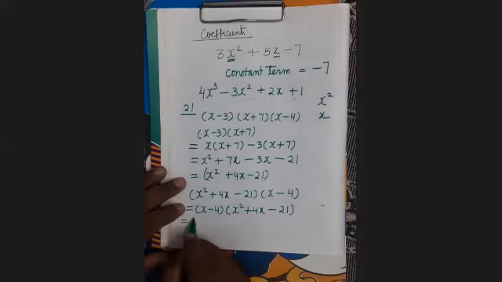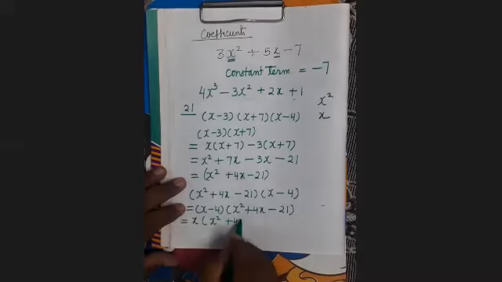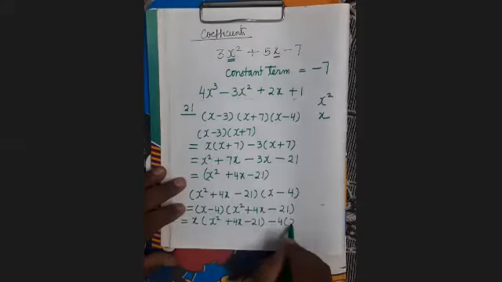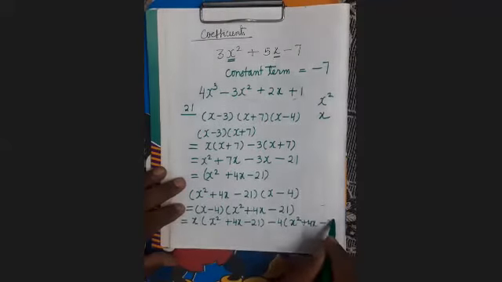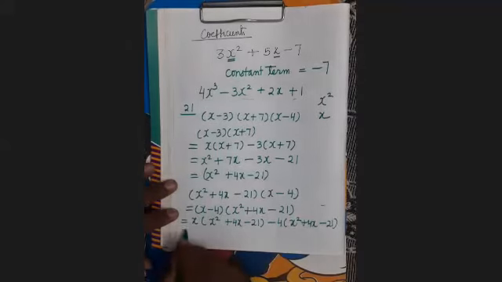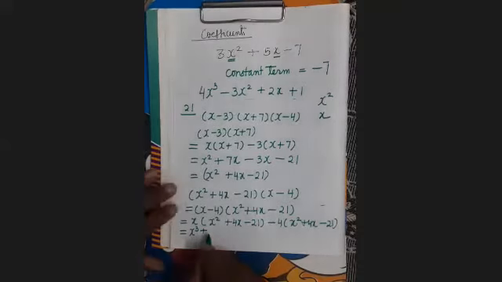So x into x square plus 4x minus 21, minus 4 into x square plus 4x minus 21. Now you open the bracket: x into x square is x cube, then 4x square, after that minus 21x.